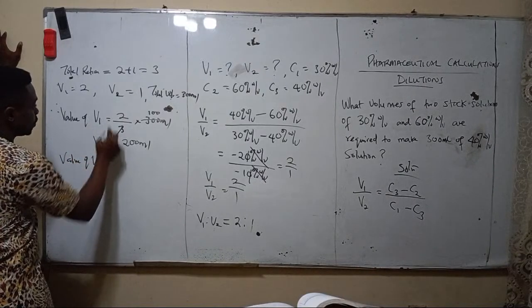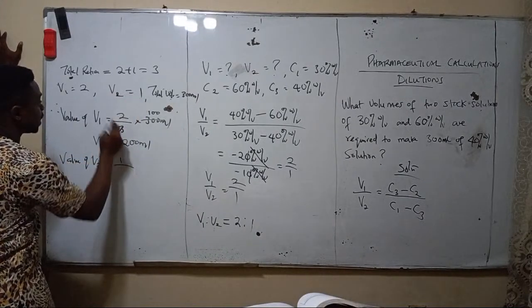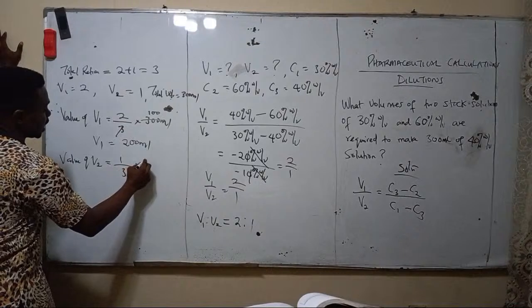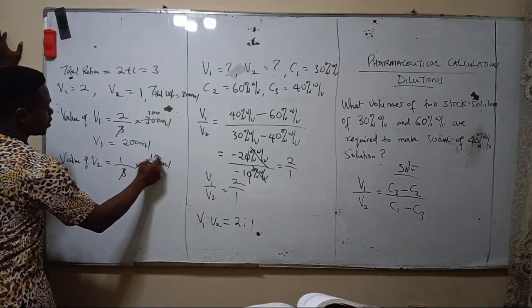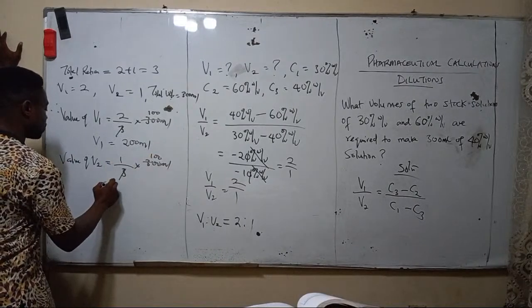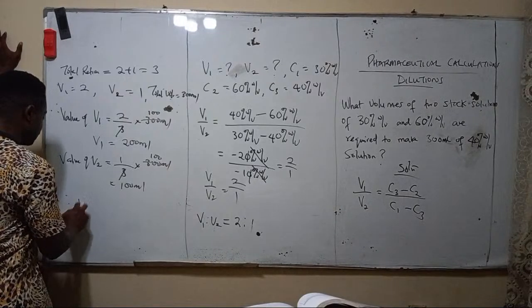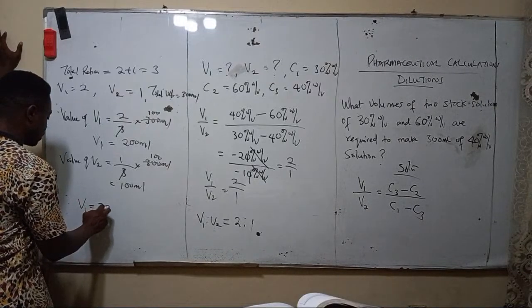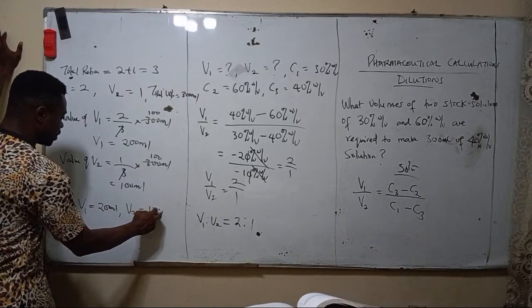Then the value of V2 is equal to the proportion of V2, which is 1, over the total, which is 3, times 300 ml. 300 divided by 3 is 100. 1 times 100 is 100 ml. Therefore, V1 is equal to 200 ml and V2 is equal to 100 ml.